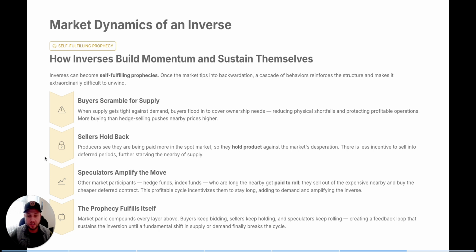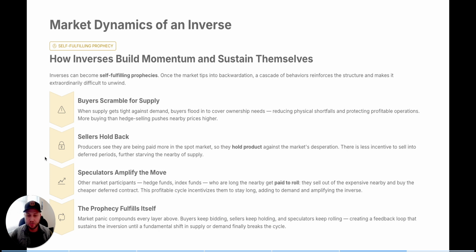Once the market tips into this inverse backwardation, a cascade of behaviors reinforces that structure and makes it very difficult to unwind. Once a market gets into an inverse, it can be very difficult to get out. So think about it. The buyers are scrambling for their supply. If supply gets tight against what the demand is, buyers are going to flood to get their ownership needs.